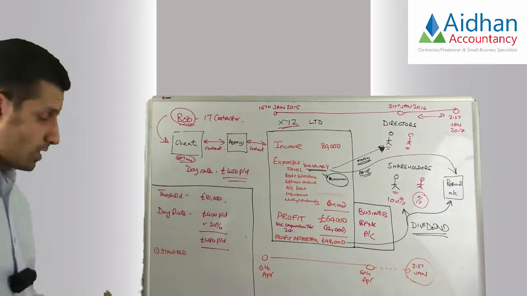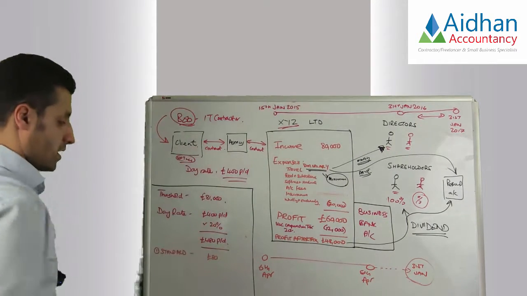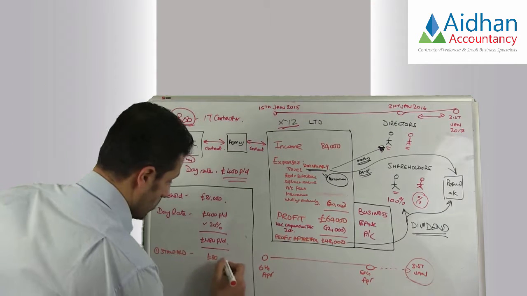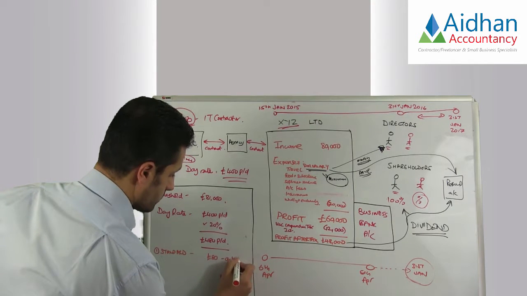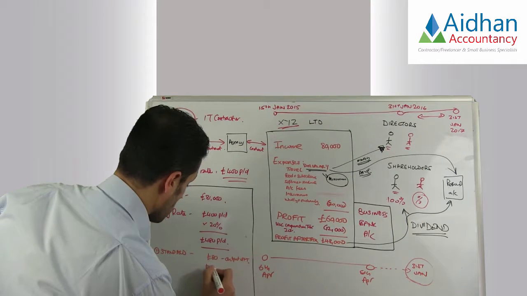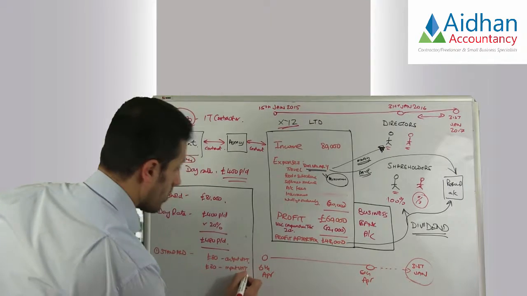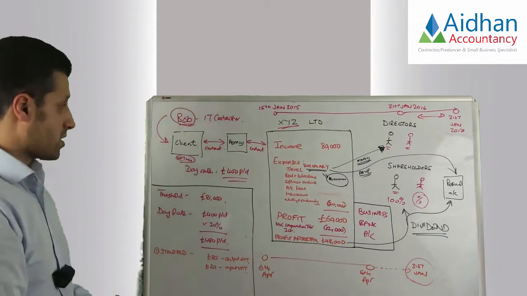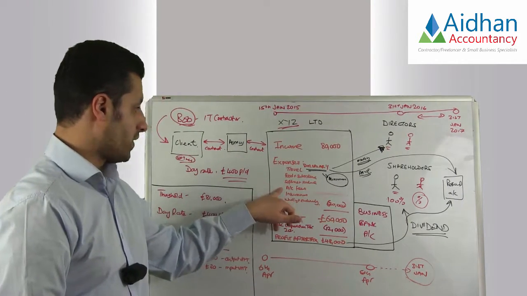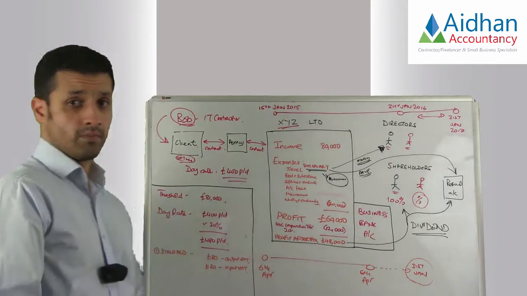Now that simply means if Bob has collected £80 from his client in VAT, what's called output VAT, but he has incurred £30 of VAT, called input VAT, on his expenses. So let's say, for example, accounting fees and other types of expenses do attract VAT, okay?